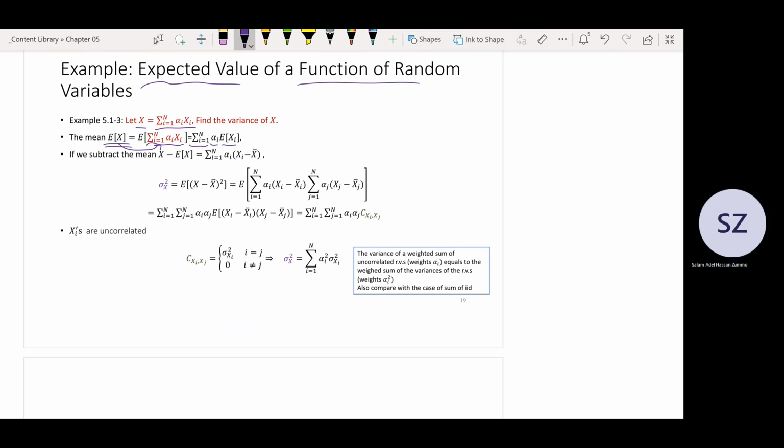We did this. So the average of a weighted sum of random variables equals the weighted sum of the individual values.